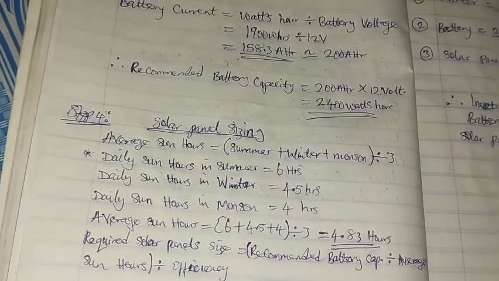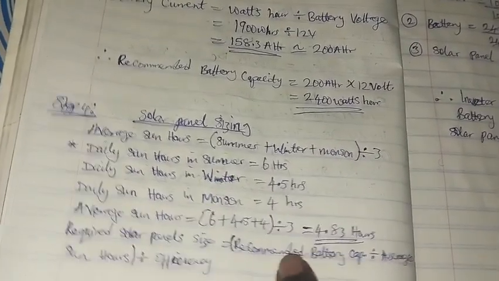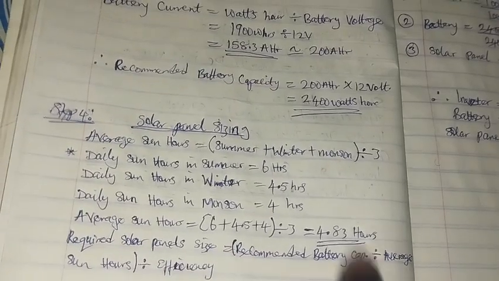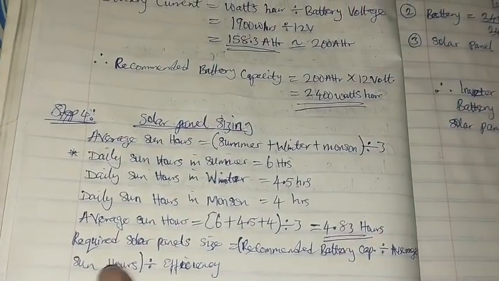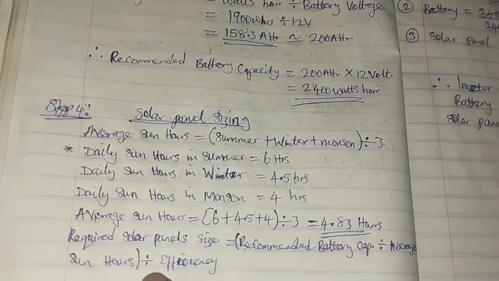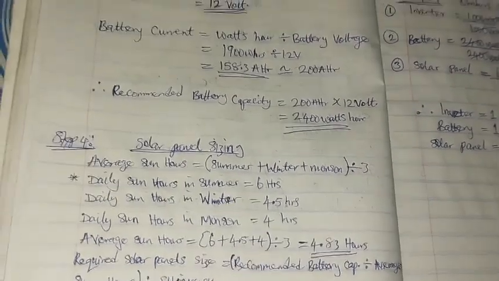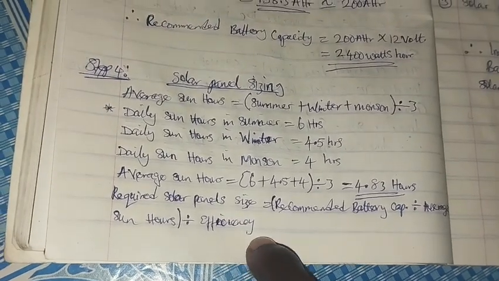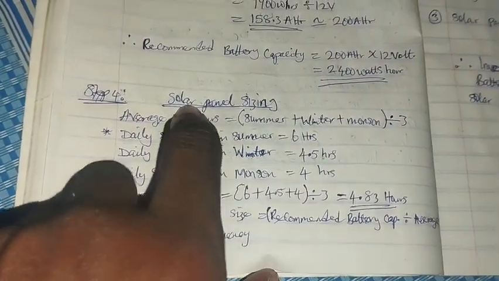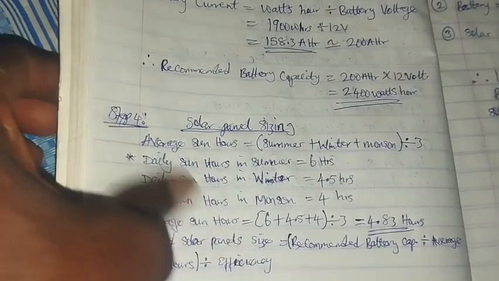So required solar panel size is equal to recommended battery capacity, which is this 2400 watt hour, divided by average sun hour, in brackets, and then divided by efficiency. The solar panel is going to have efficiency, and the efficiency is always 80%.